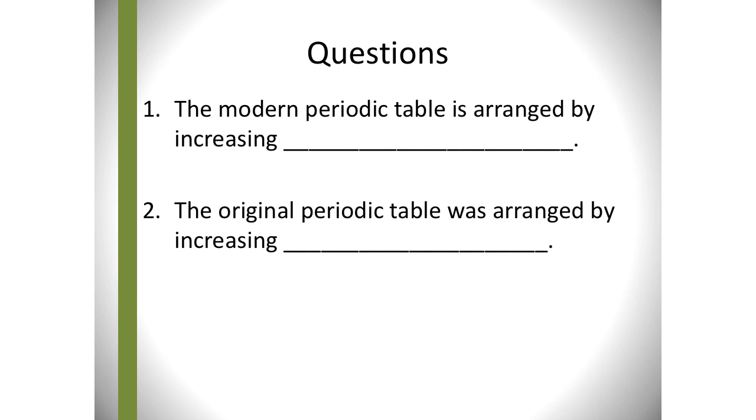All right, so our modern periodic tables that are sitting in front of us are arranged by increasing atomic number, which is equal to the number of protons. And the original periodic table developed by Mendeleev was arranged by increasing atomic mass.